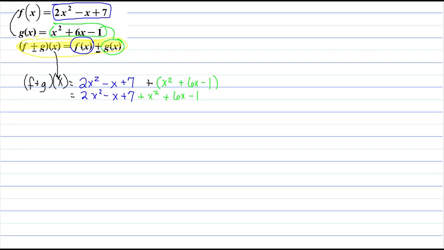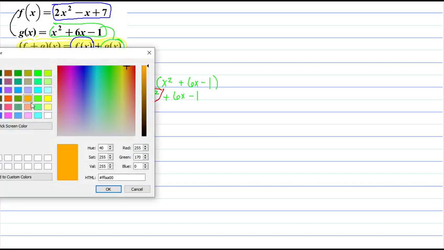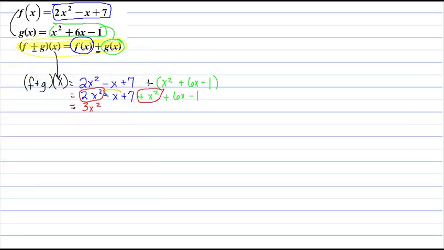Now we're going to look at combining like terms. So let's look at our x squareds. We're going to combine our x squared. So I have 2x squared plus x squared, and that gives me 3x squared. And then I'm going to combine my x's. So a negative 1x plus 6x is going to be a positive 5x.